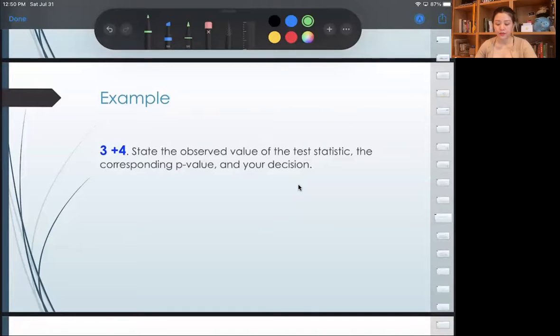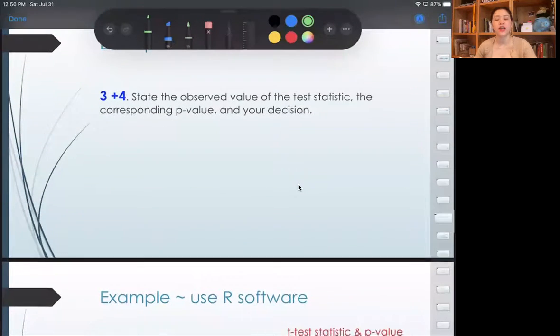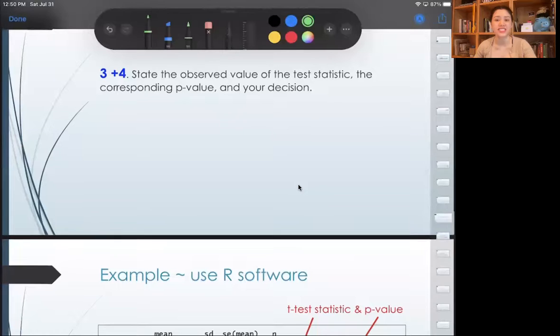And if p-value is bigger than the alpha, if p-value is bigger than 1%, then we fail to reject H0, meaning we favor H0. Remember what H0 is? H0 is beta 1 equals 0. So that means there's no significant positive linear relationship between brain size and head circumference. But first of all, let's figure out the test statistic.